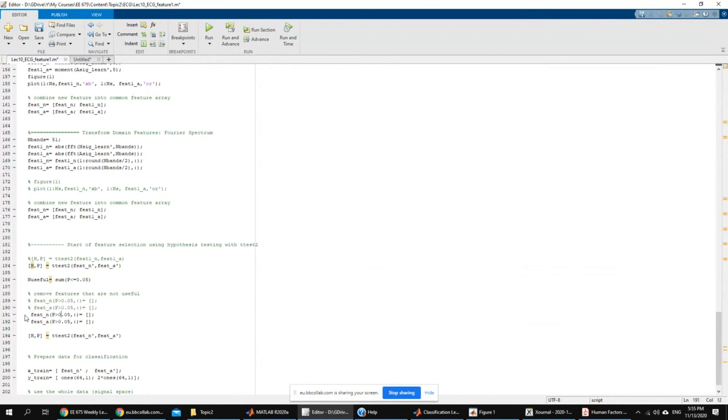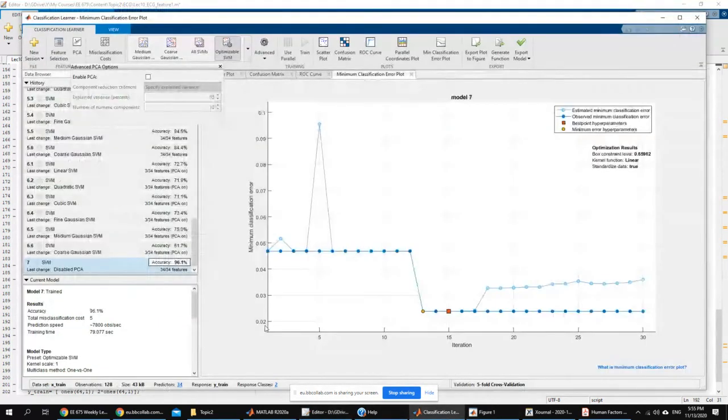I'm going to remove all the features that are useful, and see whether that will affect us or not. Let's see the results first of all.